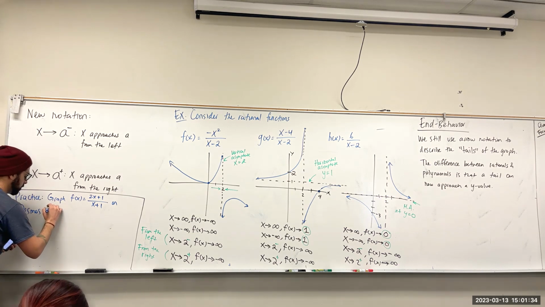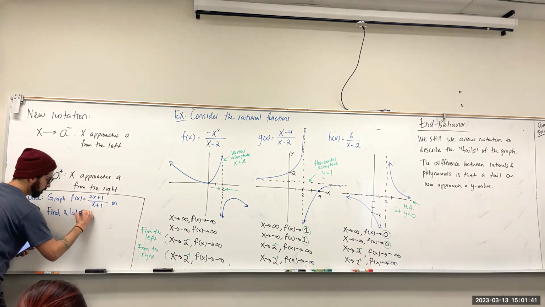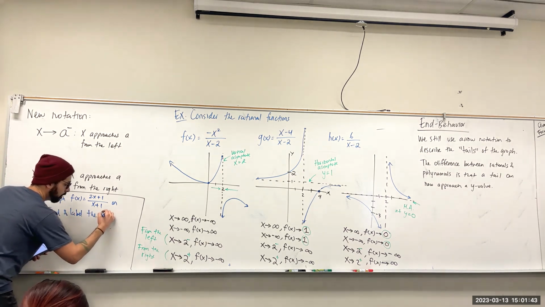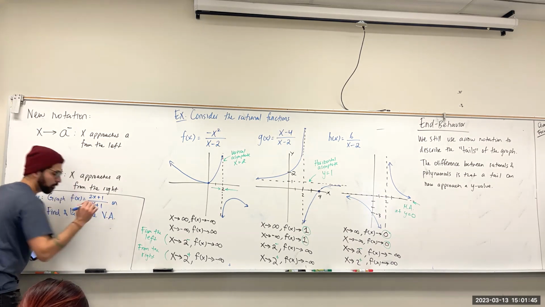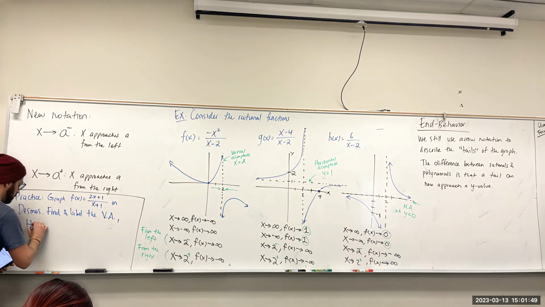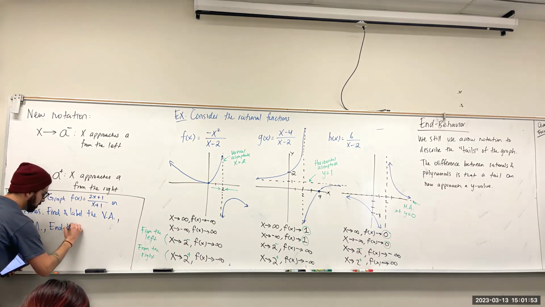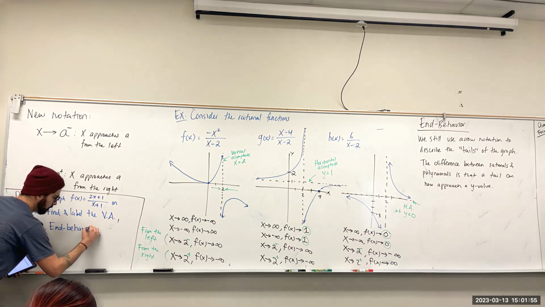So I want you to find and label the vertical asymptote, I'm calling it VA, the horizontal asymptote, the end behavior.